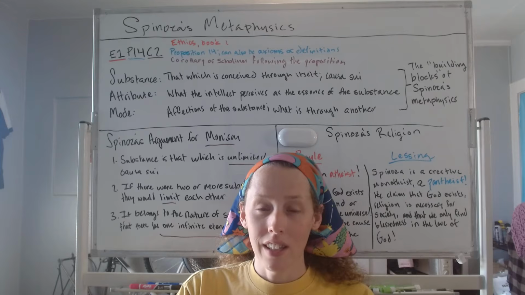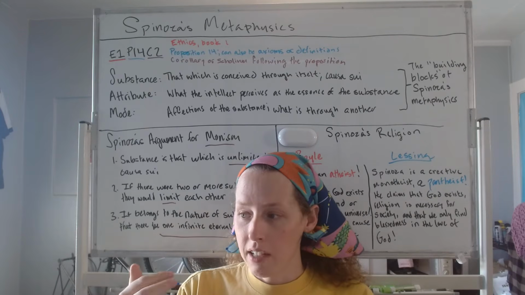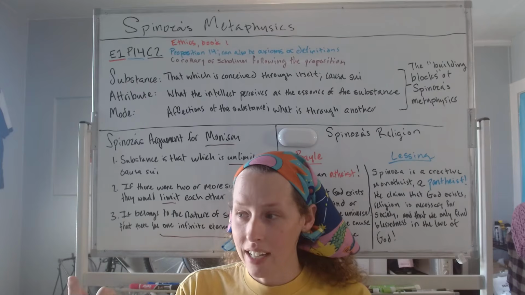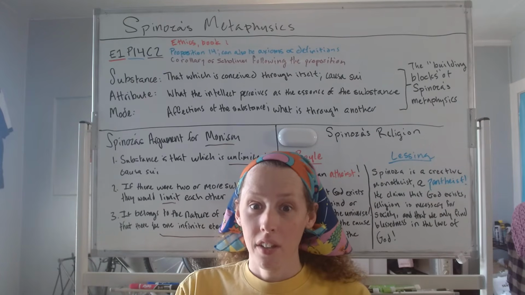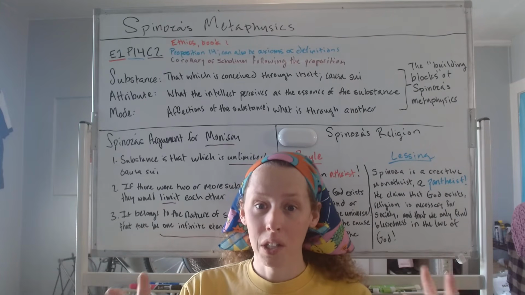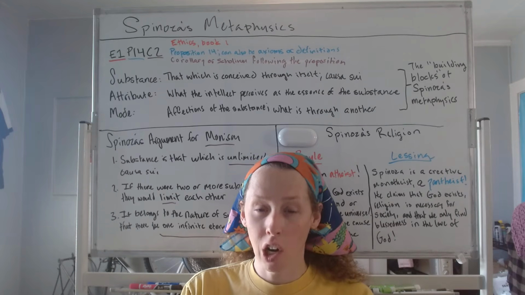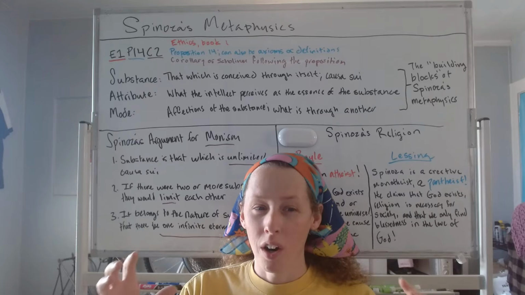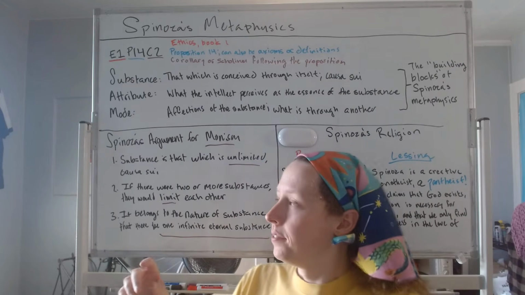Spinoza absolutely accepts this, and moreover, he accepts this so strongly that it causes him to reject Descartes' interactionism. So Spinoza thinks that bodies and minds, what he would call extension and thought, are how the modifications of God show up to us, alternatively as bodies or ideas, right?